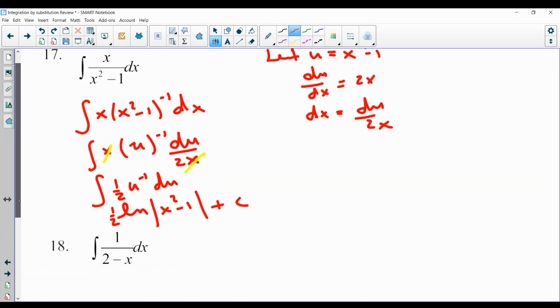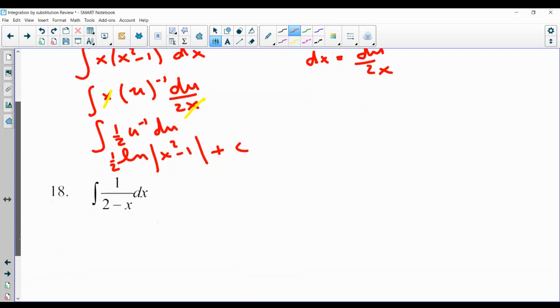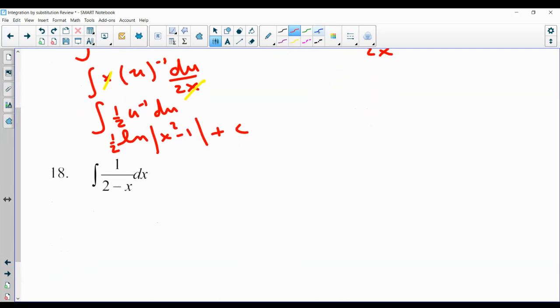Are we seeing patterns? Maybe we can integrate this one fast. I don't know. Let's just be careful though. I definitely want to bring that up. And I'm integrating (2 minus x) to the negative 1 dx. So see, there's that famous negative 1. So it's going to be the ln.